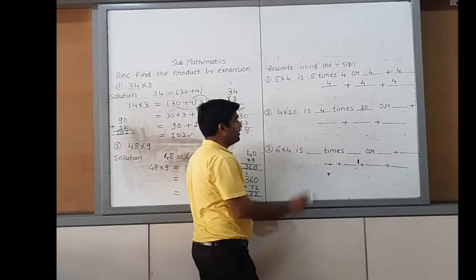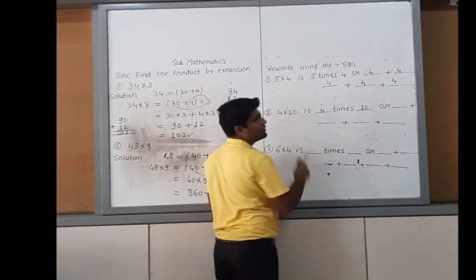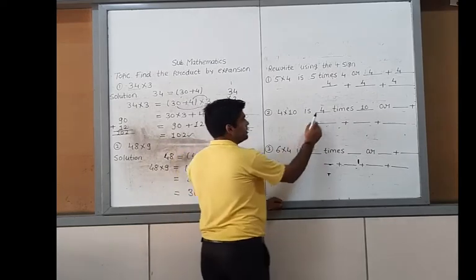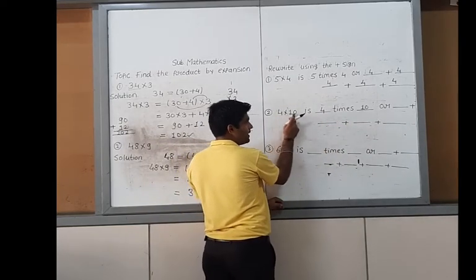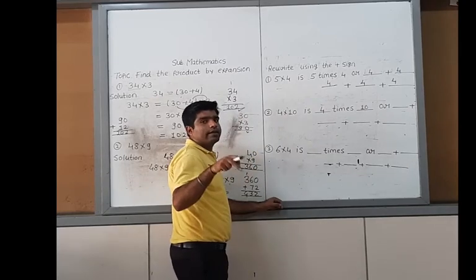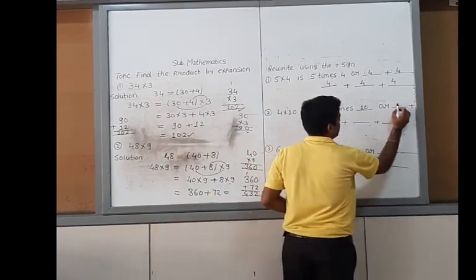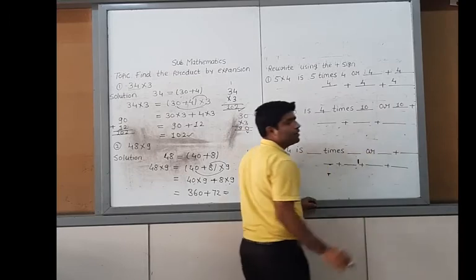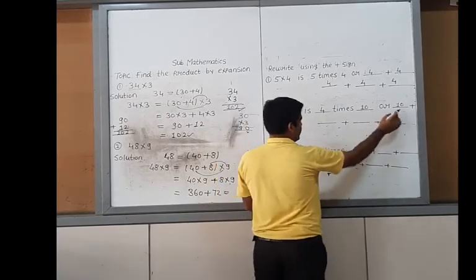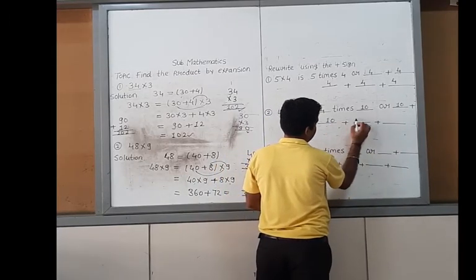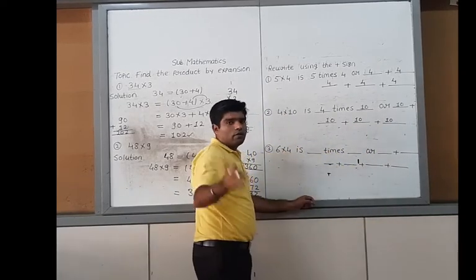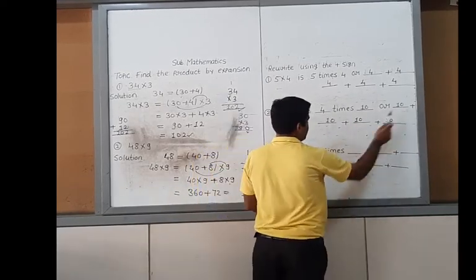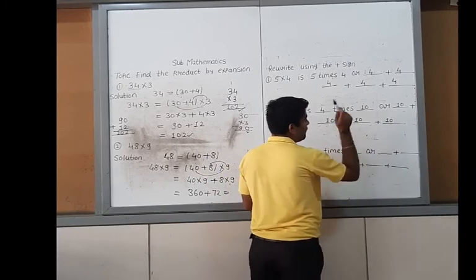Once again I repeat, 4 multiplied by 10 you can also write as 4 times 10. We have to write down the 4 times 10. This is our 10, 10, 10 and this is our 10. Now count the total number of 10s: 1, 2, 3 and 4.